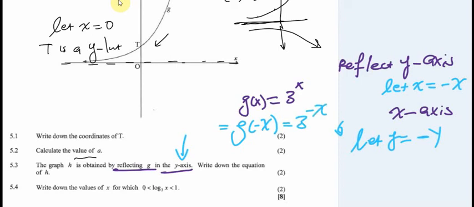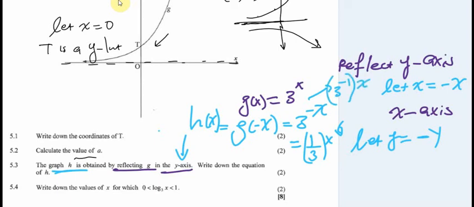They said this is the graph of h, so this will be equal to h of x. So h of x will be 3 to the negative x, which is the same as 1 over 3 exponent x, because 3 exponent negative 1 times x, and 3 exponent negative 1 is 1 over 3.